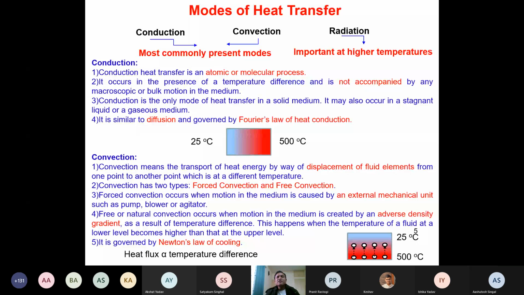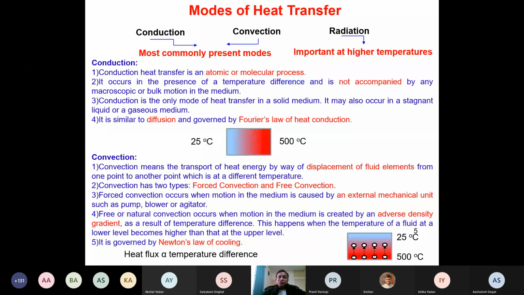Now let's look at the details of each of these modes. Conduction heat transfer is an atomic or molecular process, similar to diffusion. It occurs at a molecular or atomic level, in the presence of a temperature difference, and is not accompanied by any macroscopic or bulk motion in the medium.